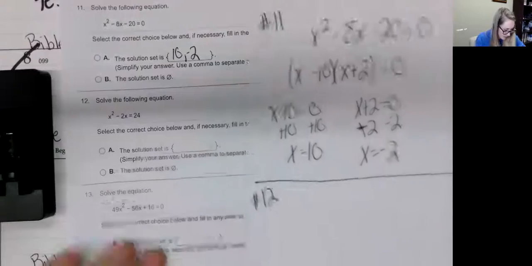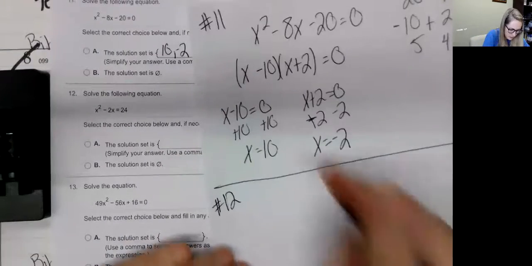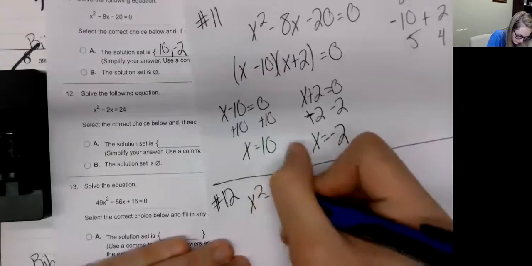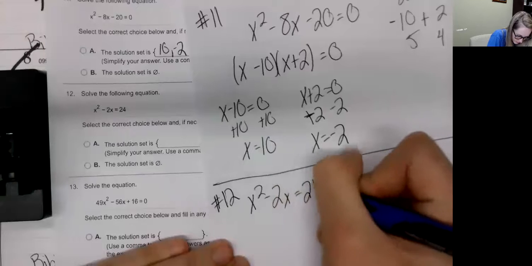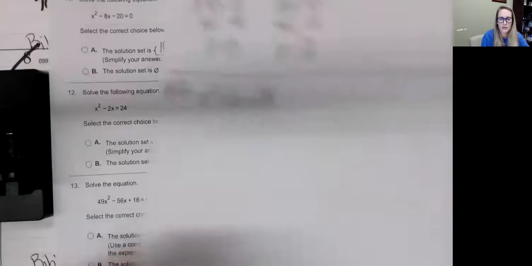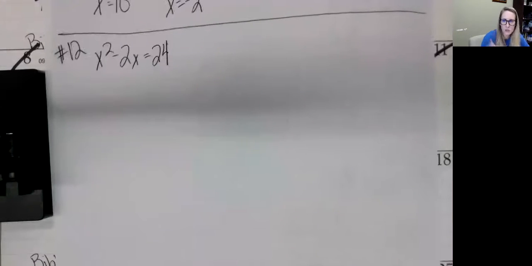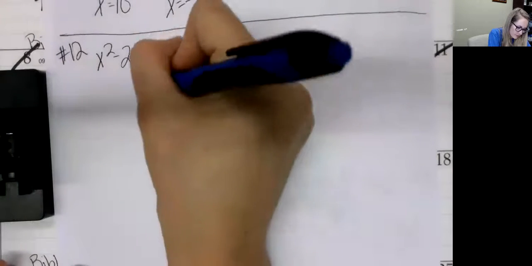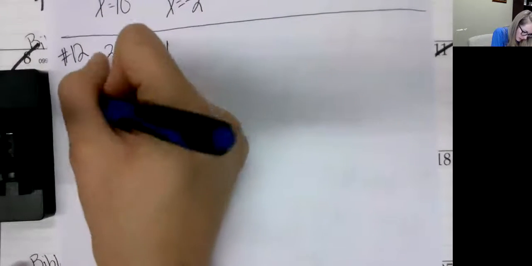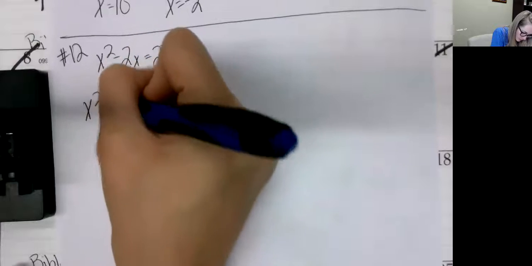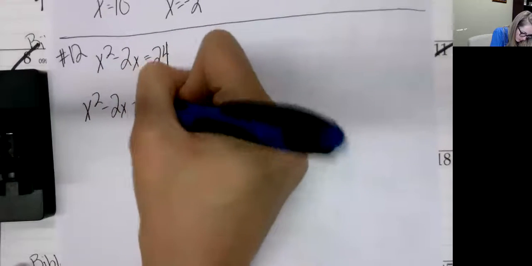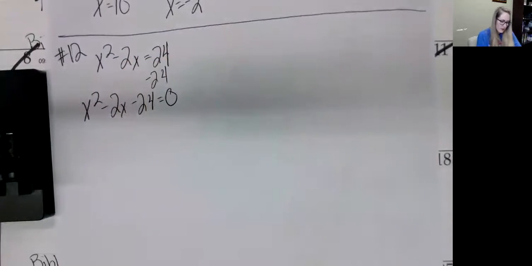We have x squared subtract 2x equals 24. The first thing I'm going to do is move my 24 to the other side of the equal sign to get it equal to 0. So I'm going to subtract my 24 to get x squared subtract 2x subtract 24 equals 0. Now factors of 24 that subtract to give me 2: 6 and 4 is going to be it on this one.